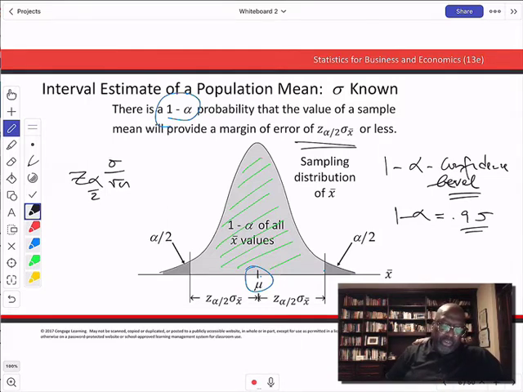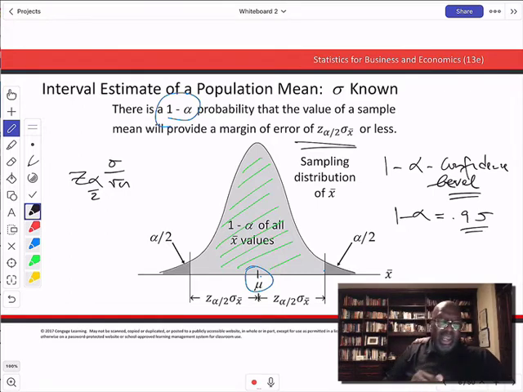Okay, so if 1 minus alpha is that green region and the diagram is symmetrical, what is outside of that green region has to be alpha, the remainder. So like 95% is in, 5% is out. 90% is in, 10% is out. 80% is in, 20% is out. But what is out is divided between the two tails.